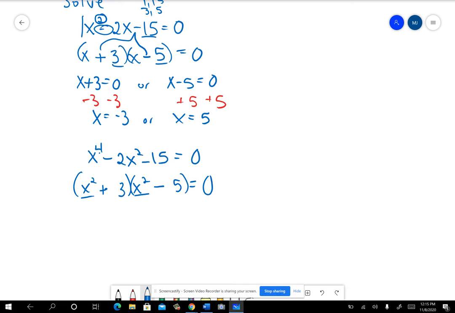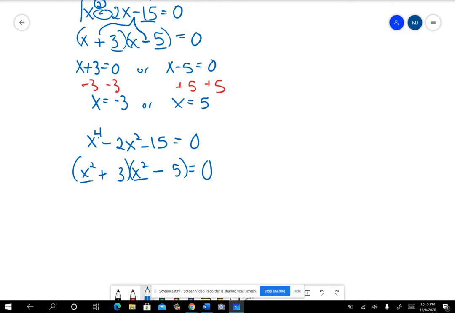Okay. All right. Now, at this point, I'm thinking, well, I would like to try to factor some more, but 5 is not a perfect square. Okay, this one's not a difference of squares. So like earlier, if you were trying to do this, you would have to just kind of stop at this point almost. But we know more now.